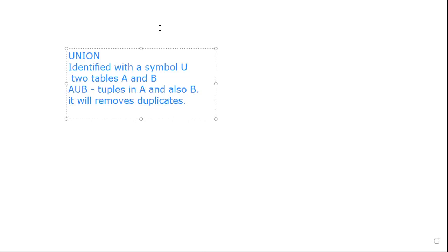A union B, in mathematical representation, let us see this with Venn diagrams. What does A union B mean? I will explain here.